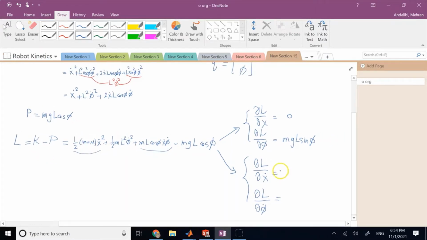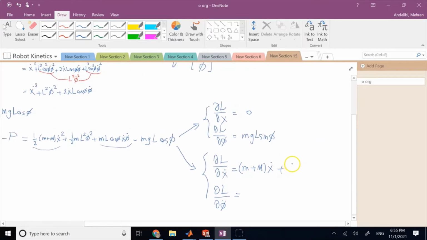So that makes it (m plus m) times x dot, and then this term is going to be ml cosine phi phi dot. And with respect to phi dot, you have two terms here and here. That makes this ml squared phi dot, and then plus ml cosine phi times x dot.